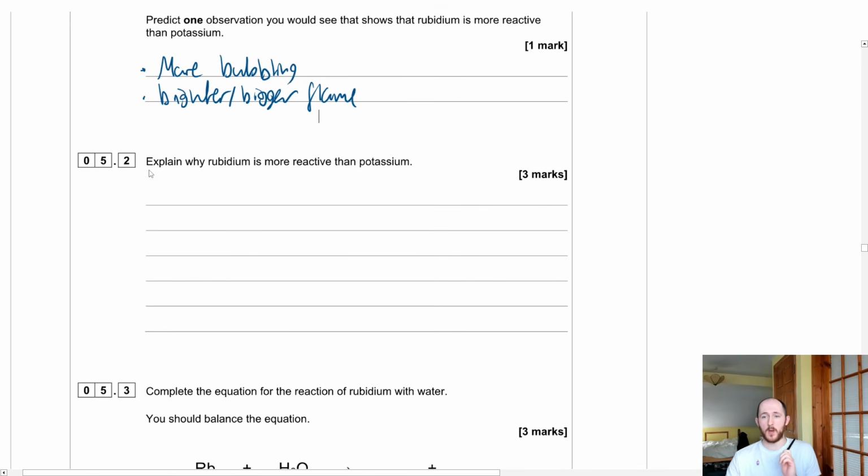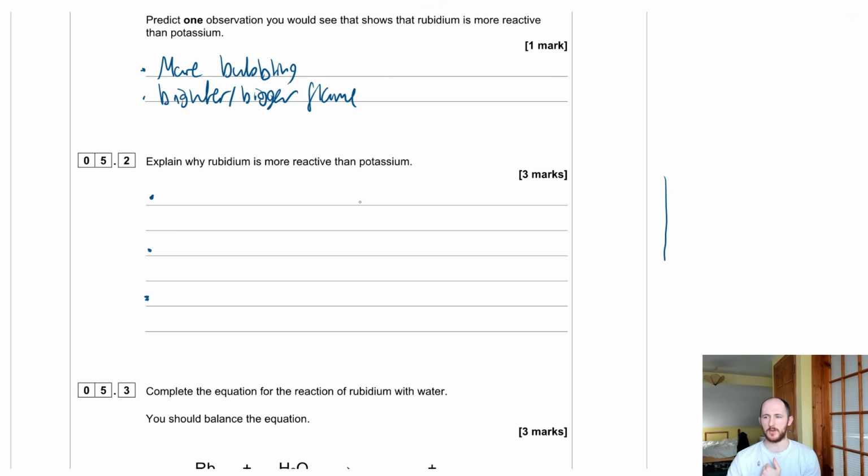Now we have to actually explain why it's more reactive. And this has all to do with our electron shielding and all of that fun stuff. Essentially, if you remember, group 1 elements want to give up 1 electron because it's easier to give up 1 electron than gain 7. So it's easier for them to lose electrons as you go down. Well, think about it.